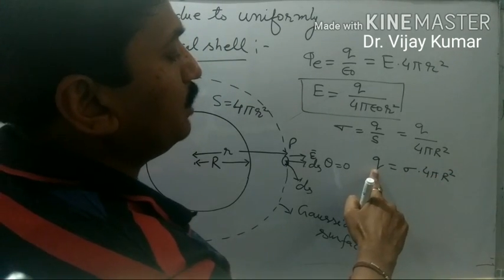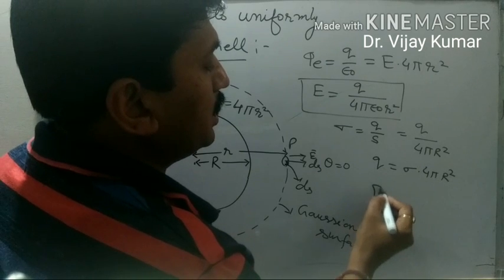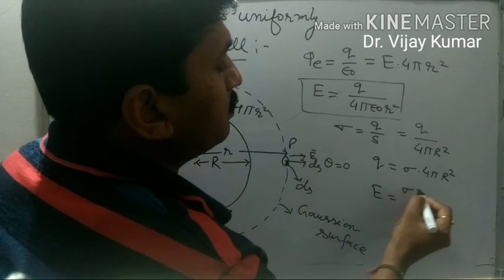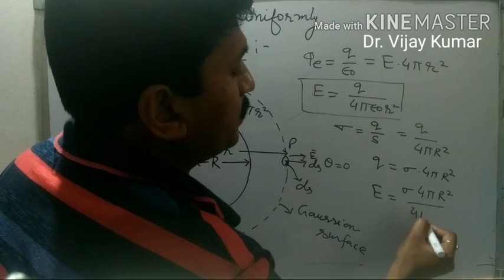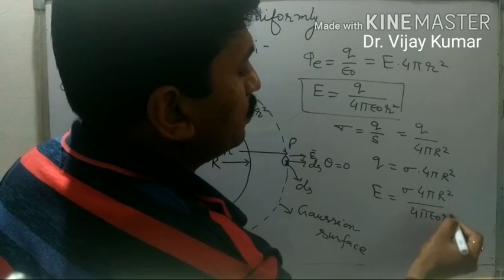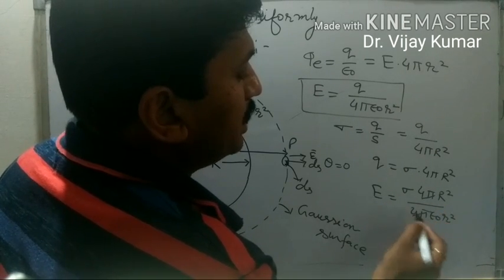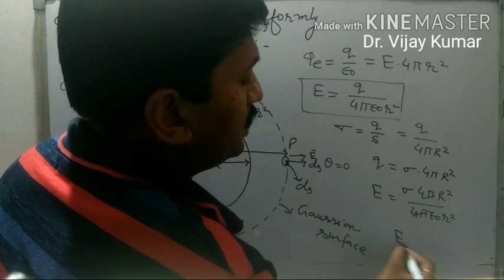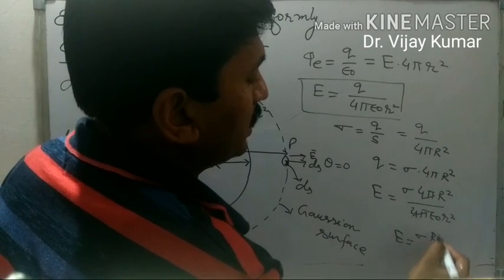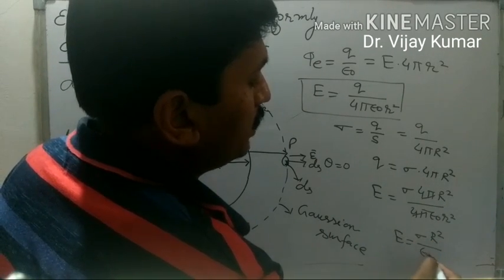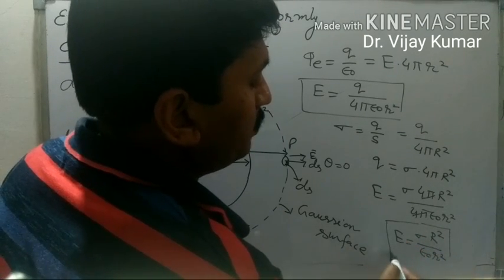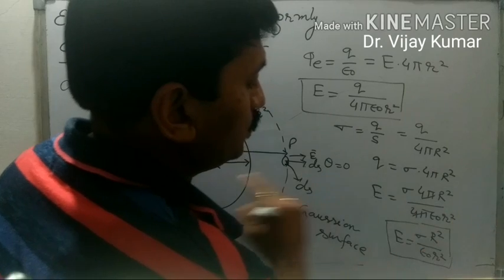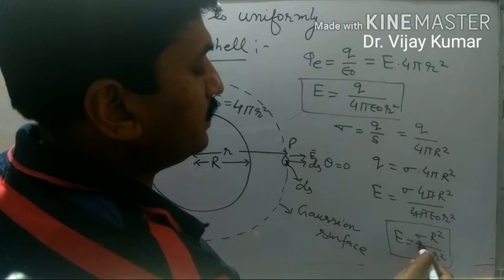If we put this value of Q in the equation, the electric field becomes sigma 4 pi capital R square upon 4 pi epsilon naught small r square. The 4 pi cancel out, and it becomes E equals sigma capital R square upon epsilon naught small r square. This is the electric field at point P due to the spherical shell in terms of surface charge density.